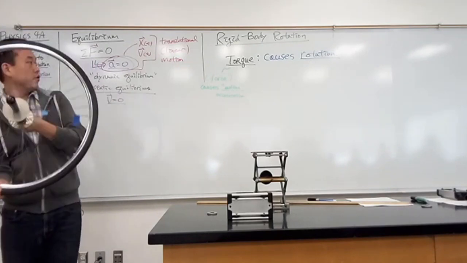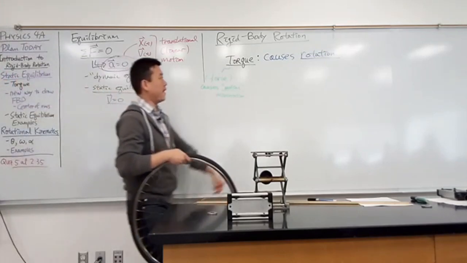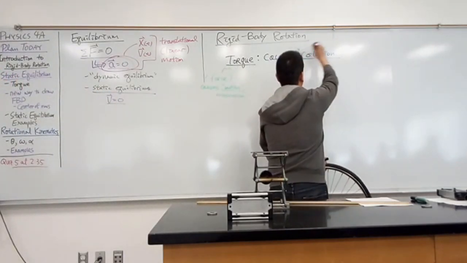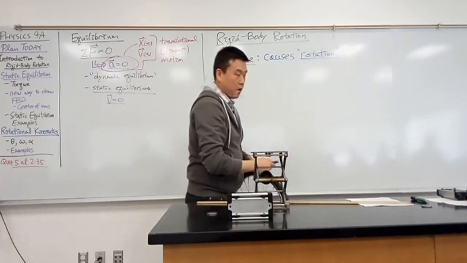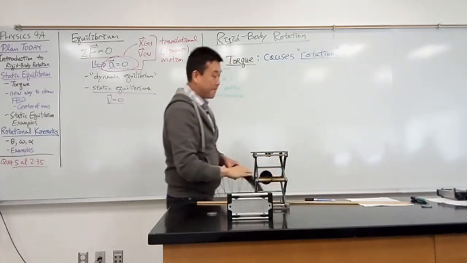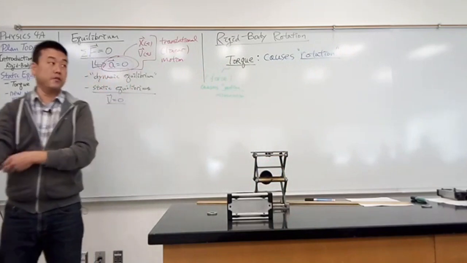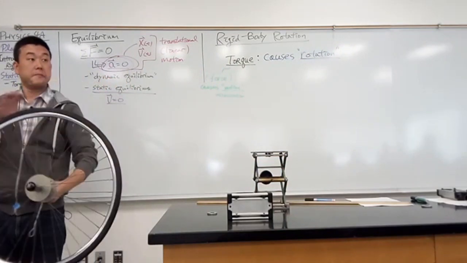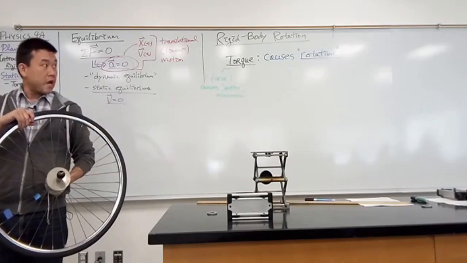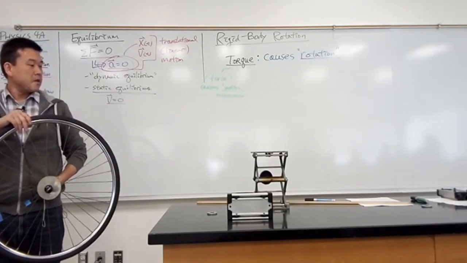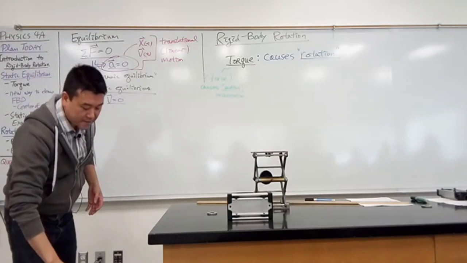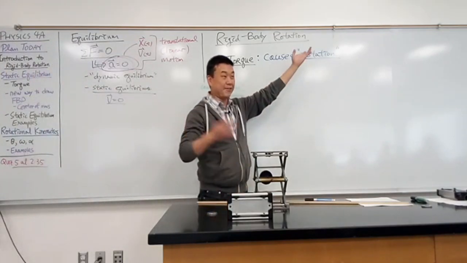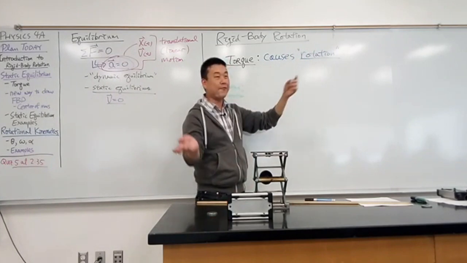So how do we want to clarify what we mean by rotation here? What we mean by quote-unquote rotation, what would you say, what is the kinematical quantity that you would say torque is causing? Changes in rotation. So I think the word rotation has the same problem with the word motion. They are ambiguous. When I say rotation, what do you mean? Am I talking about how fast it's moving?